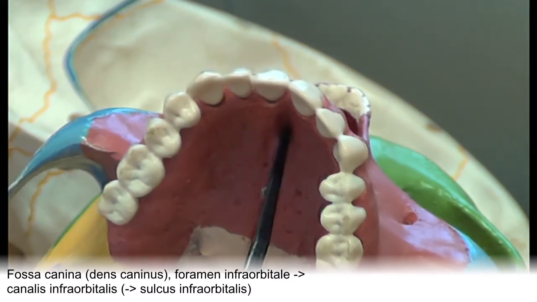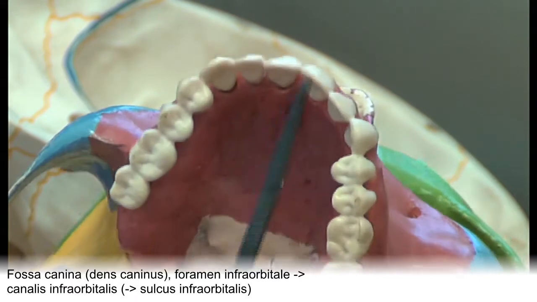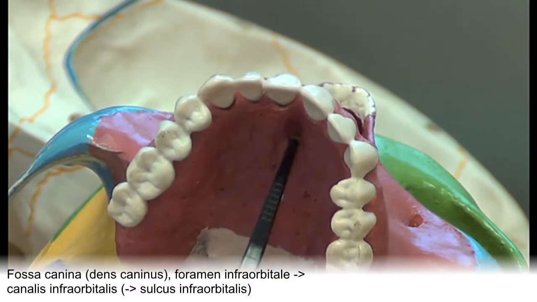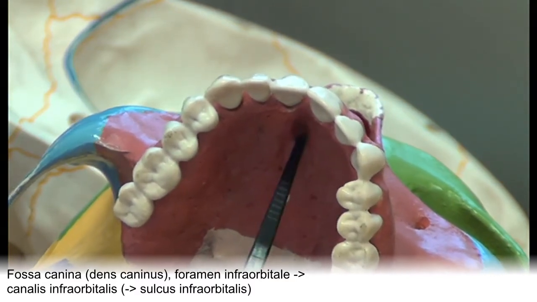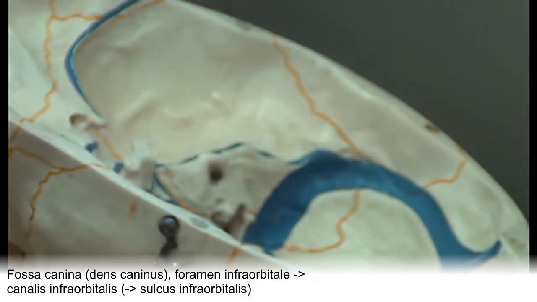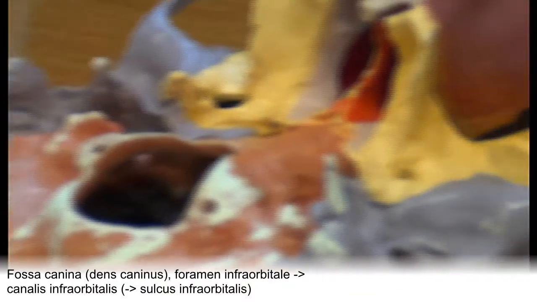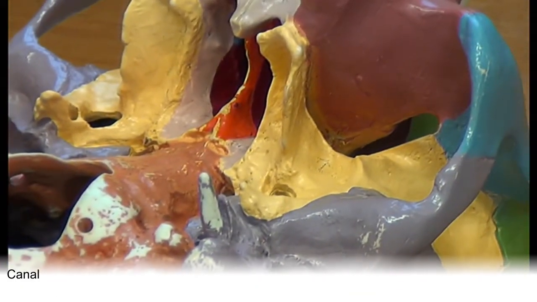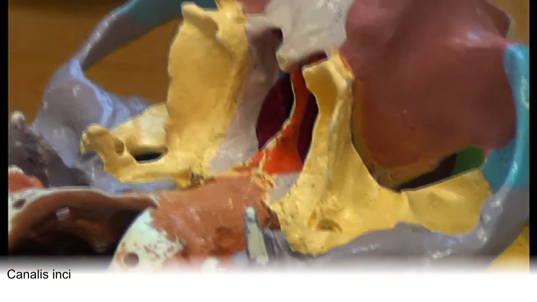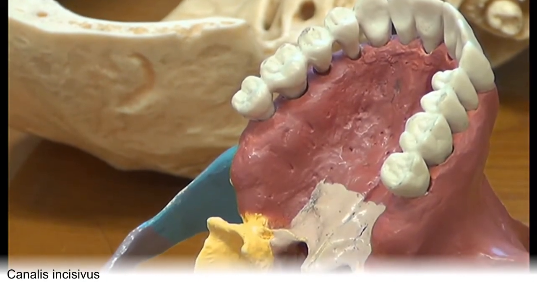It serves for the nervus incisivus and arteria incisiva of the same name, which fill this canal. So, canalis incisivus.